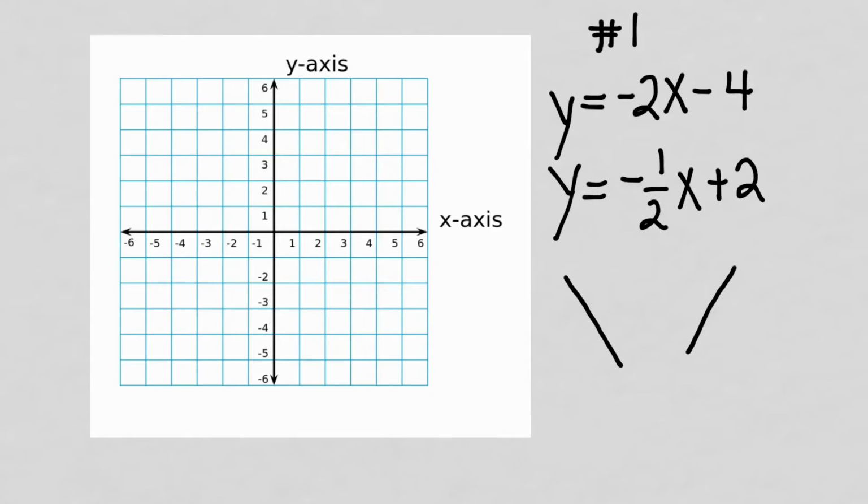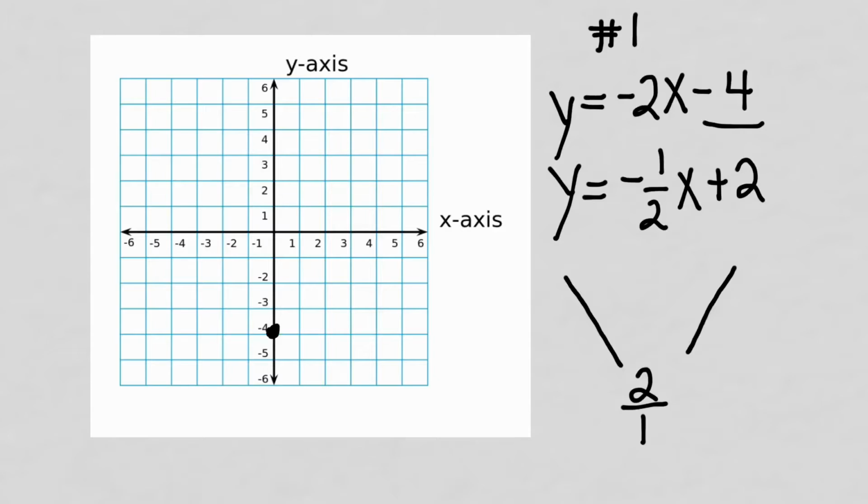Y equals negative 2x minus 4. The y-intercept is the negative 4, so I'm going to go down to negative 4 and mark it. I know the slope is going to be negative, and it's rise over run, which means it goes up 2. That's the rise, and the run is 1. 2 over 1 is 2.